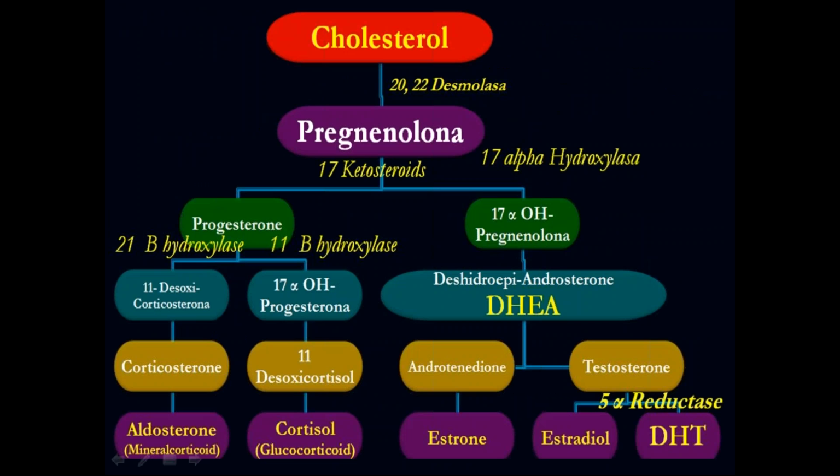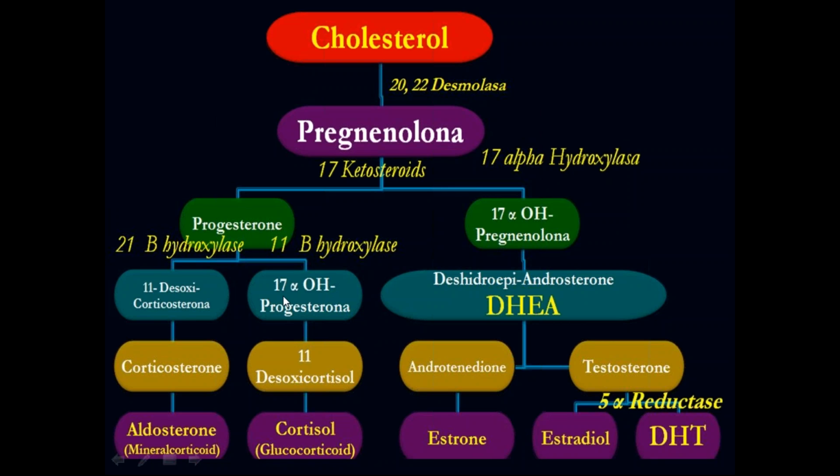We are going to see the chart that I prepared for this class. Here we have testosterone, androstenedione, deoxycortisol, corticosterone, corticoids, and all this picture is happening in the adrenal gland.